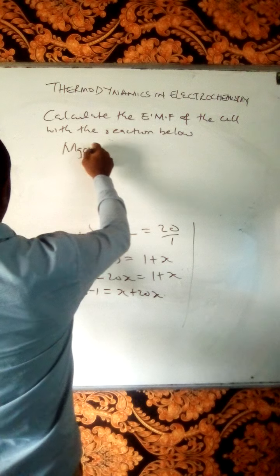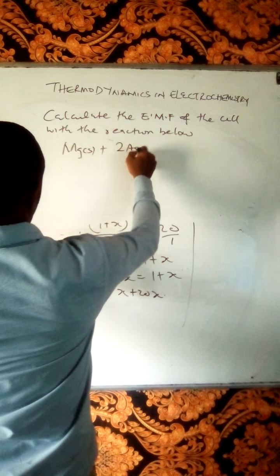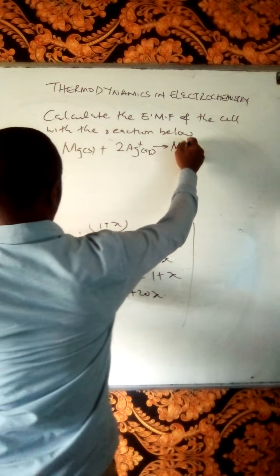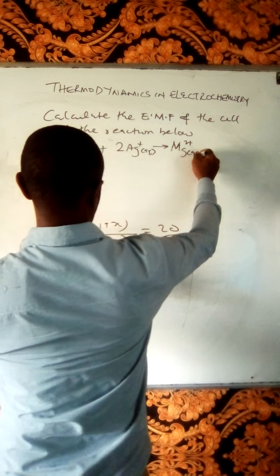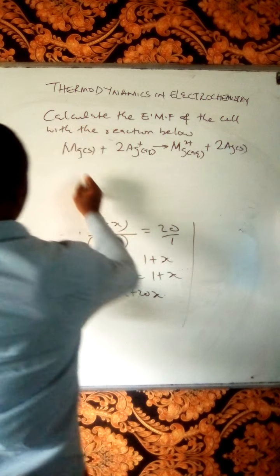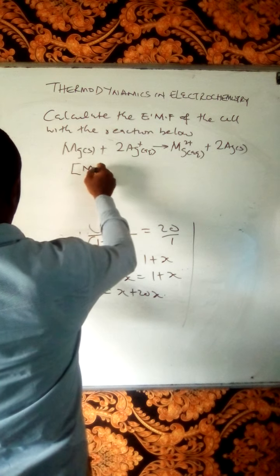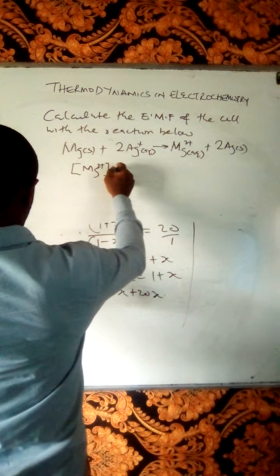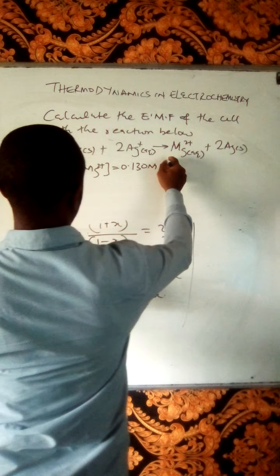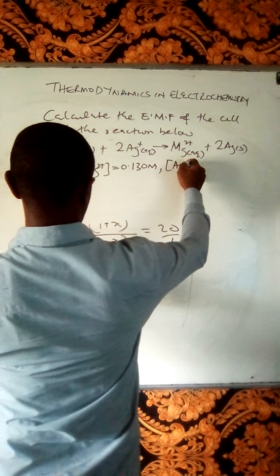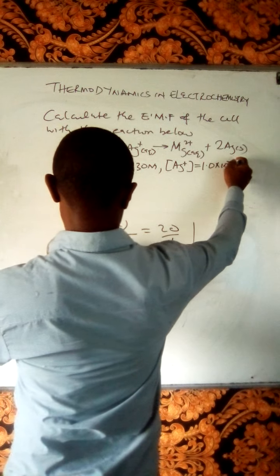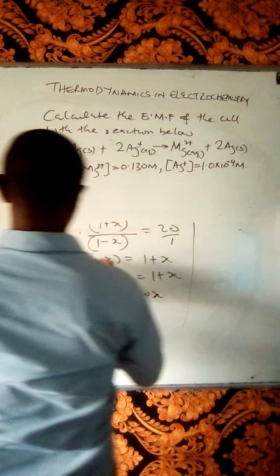Magnesium solid plus silver ion aqueous gives magnesium 2 plus aqueous plus 2 silver solid. We're given the concentration of magnesium ion to be 0.130 mole per dm cube, and that of silver ion to be 1.0 mole per dm cube.